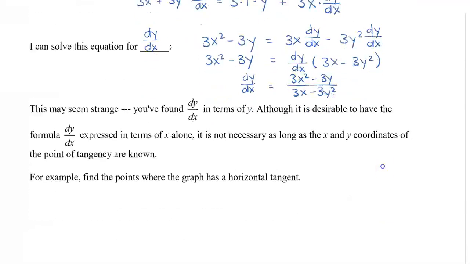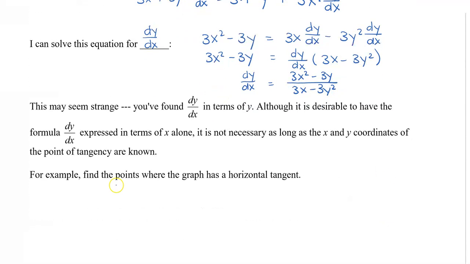So for example, let's use this derivative, and I want you to find the points where the graph has a horizontal tangent. So remember that horizontal tangent means that my slope is 0.